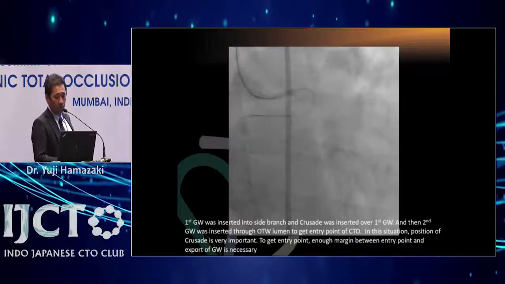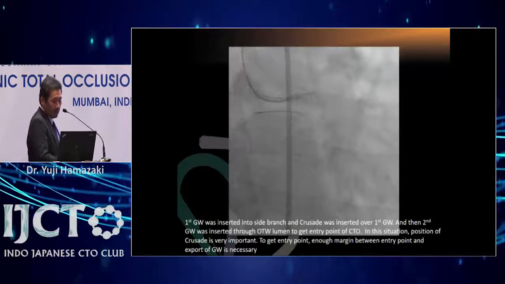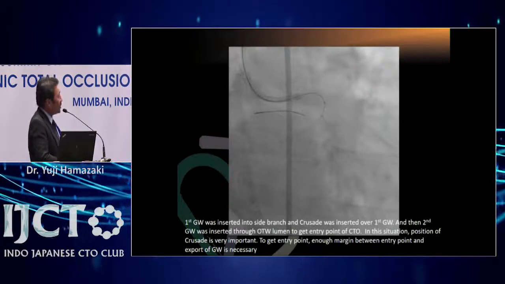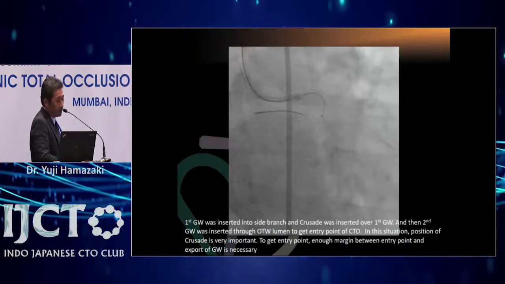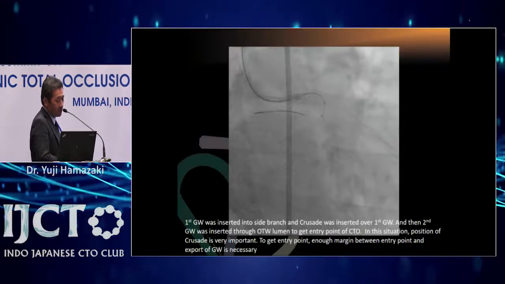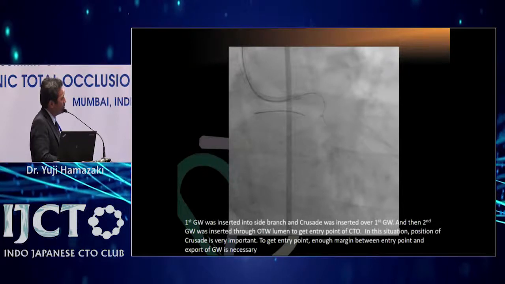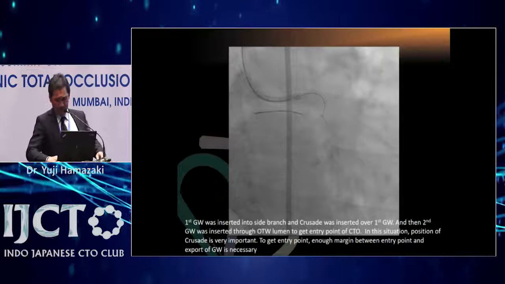In this situation, the position of the Crusader is very important. To get the entry point, enough margin between the entry point and the exit port of the guide wire is necessary.